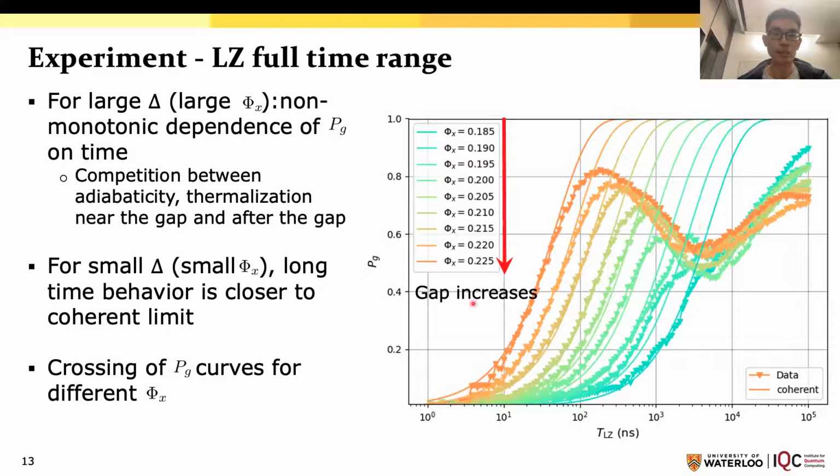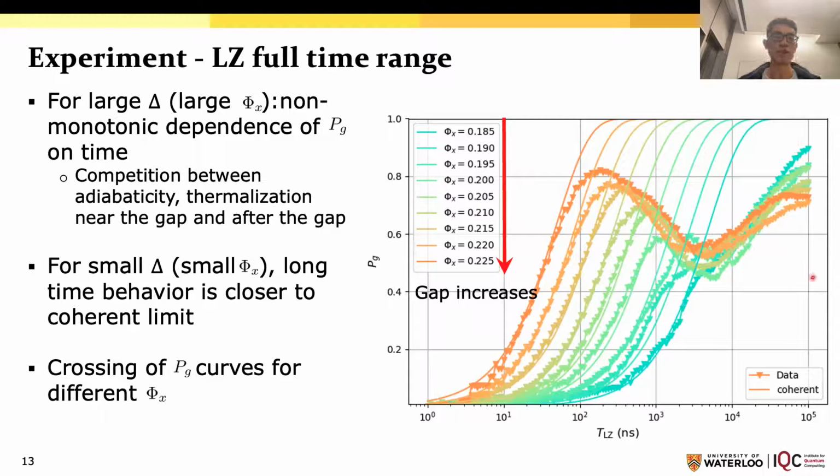And as we look at the smaller delta case, again, the short time result follows closely the coherent limit result. But at long times, it no longer has this non-monotonic dependence, but instead the ground state probability just increases monotonically with increasing sweep time.